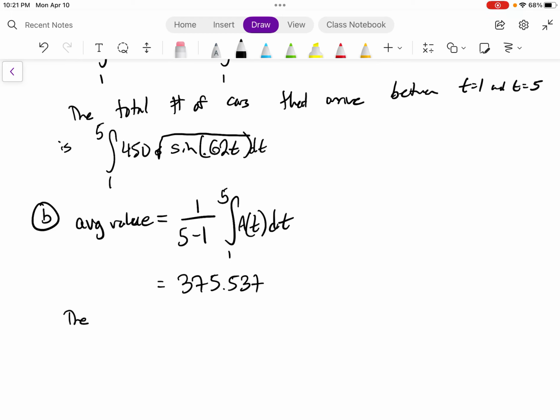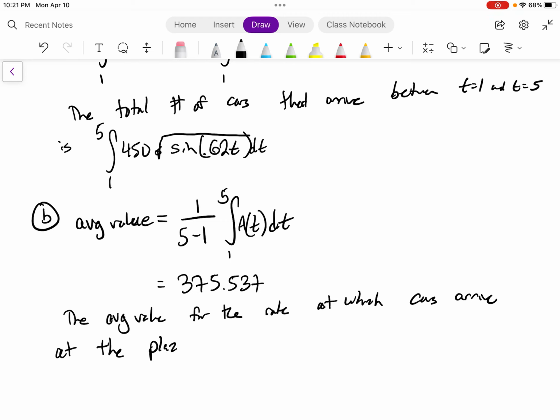We would write the sentence: the average value for the rate at which cars arrive at the plaza from t equals 1 to t equals 5 is 375.537 cars per hour.